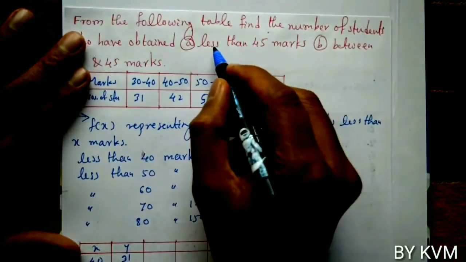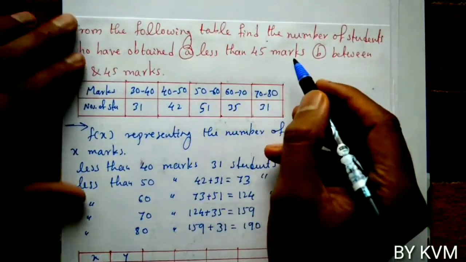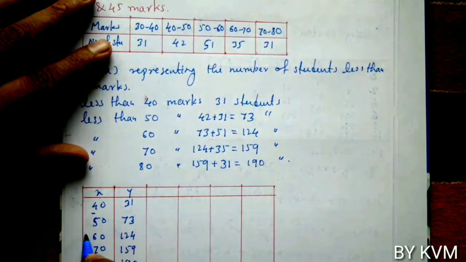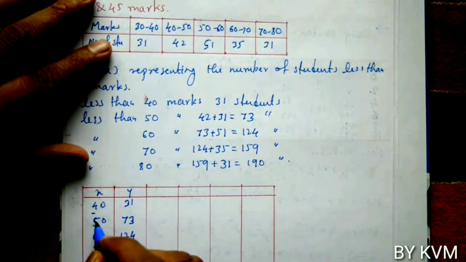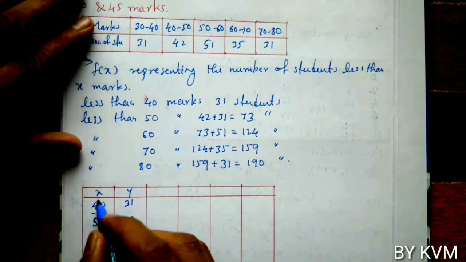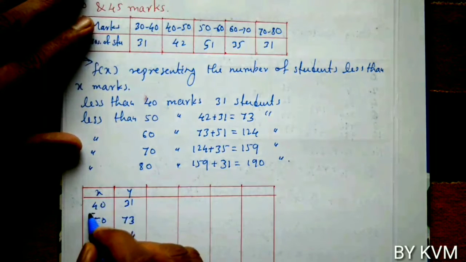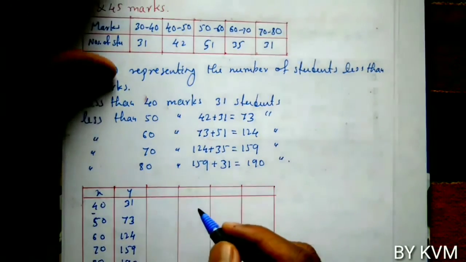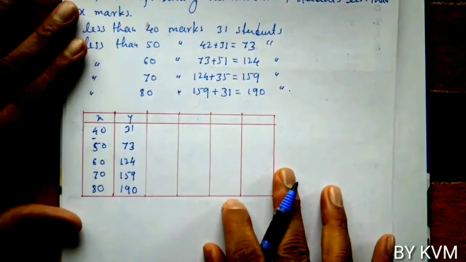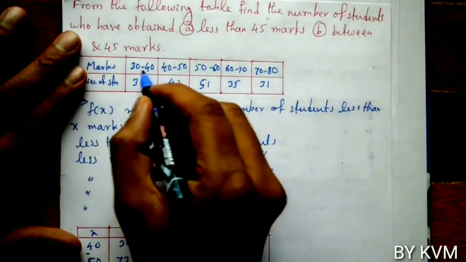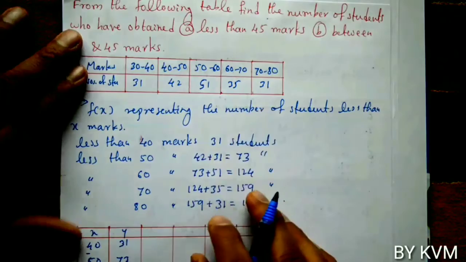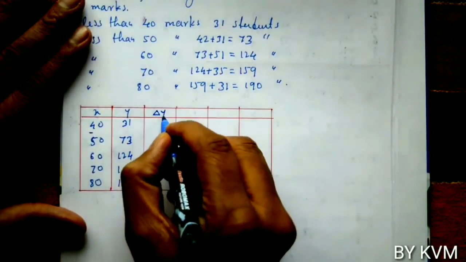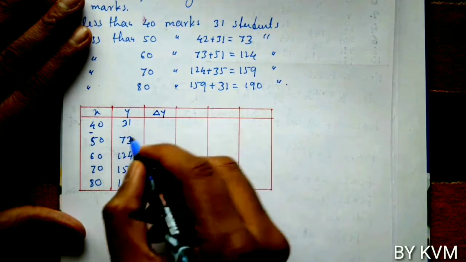Now the third column is first forward differences. So in the third column, we have to find the first forward differences, that is denoted by delta y.